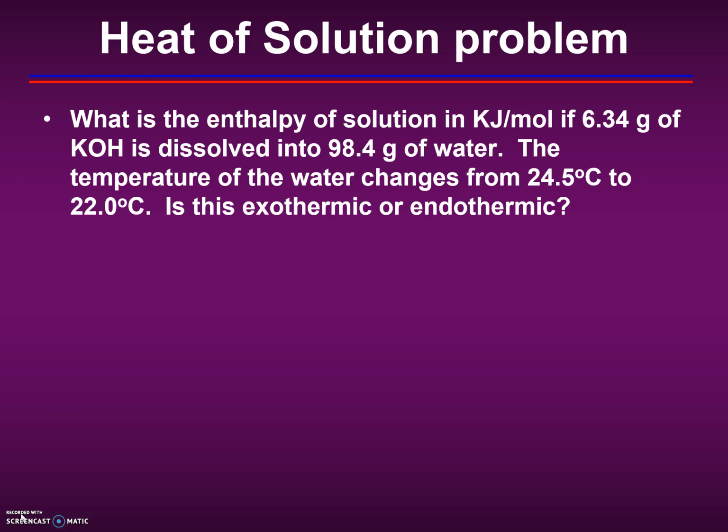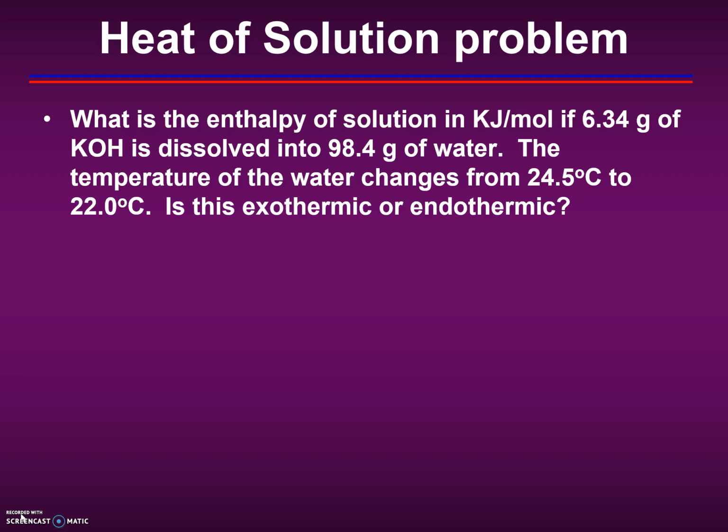So let's try one. What is the enthalpy of solution in kilojoules per mole if 6.34 grams of KOH, potassium hydroxide, is dissolved in 98.4 grams of water? The temperature of the water changes from 24.5 to 22.0. Is this exothermic or endothermic? If we look right at it, our temperature is going from 24 to 22.